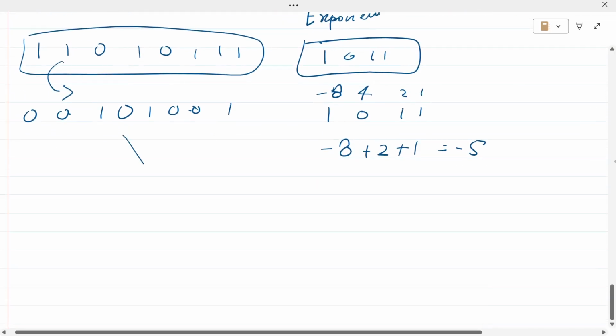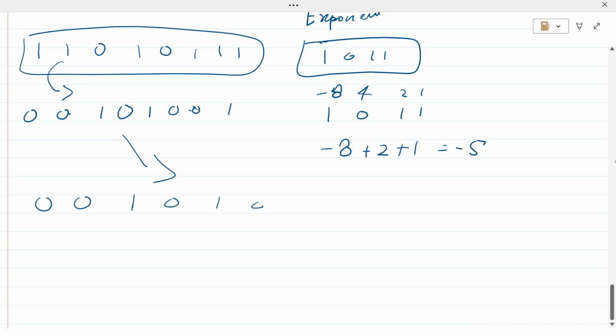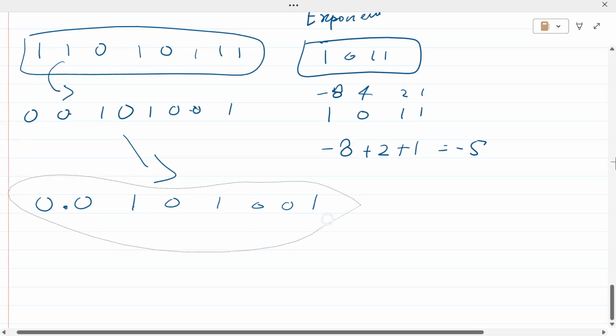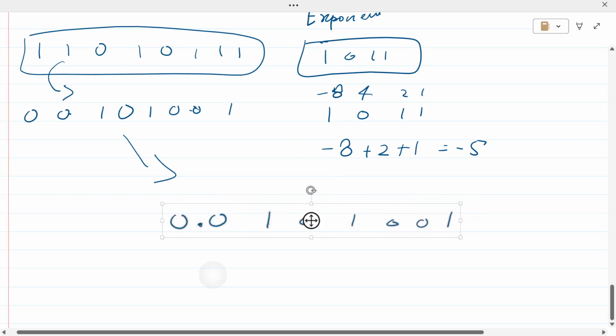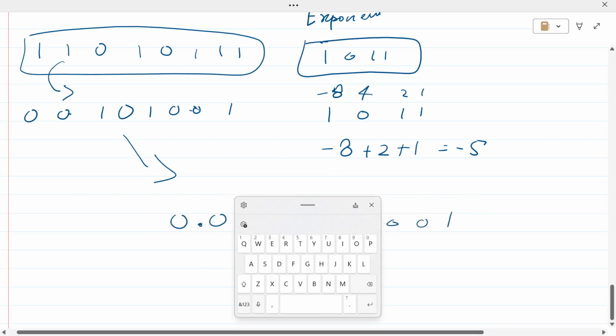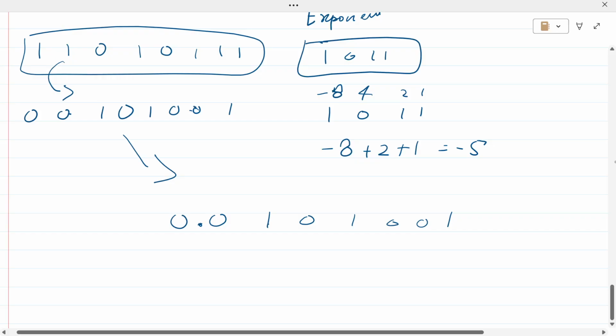Now you know where 0, 0, 1, 0, 1, 0, 0, 1 is. This is where it is. Or rather, I think I should write it here. Now, because your exponent is negative, instead of the decimal place moving right, it's going to move to the left side.